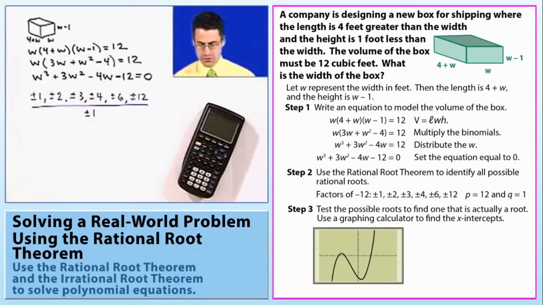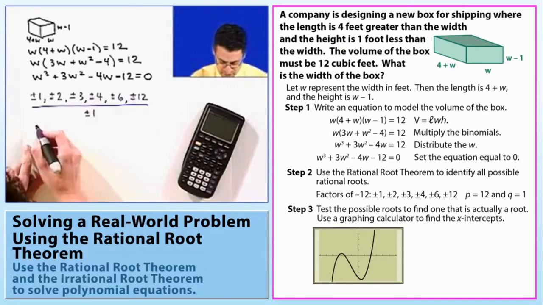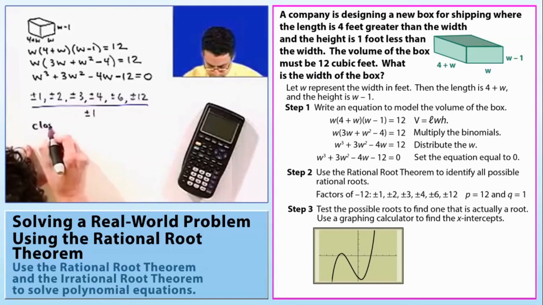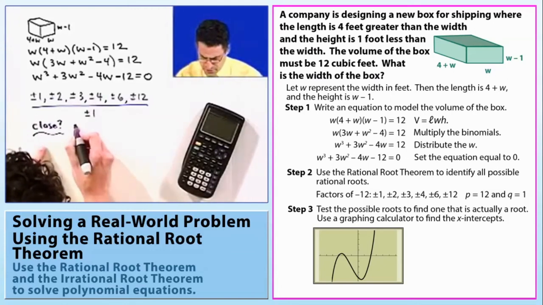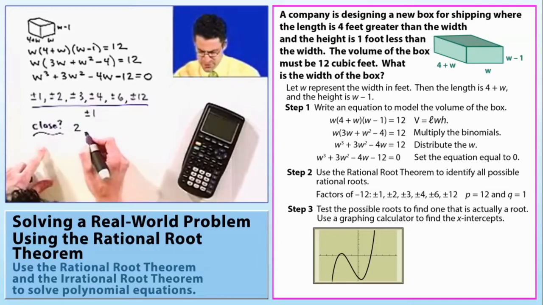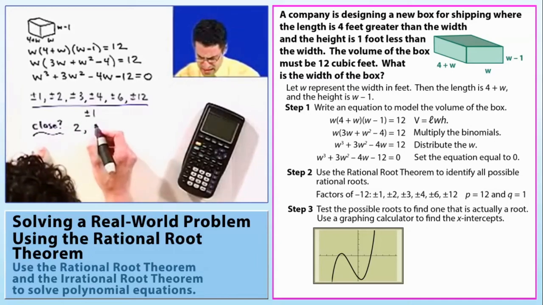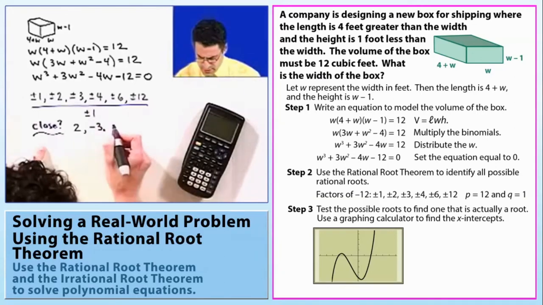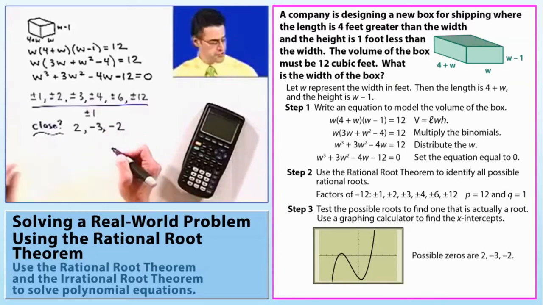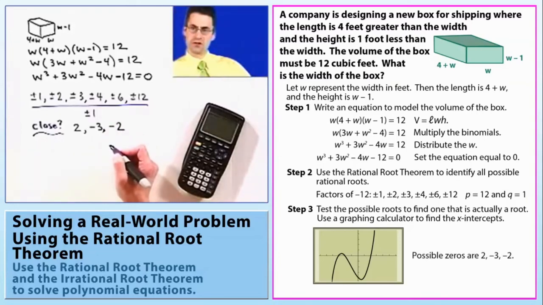So here are the ones that we see are close. We see it crosses at 2. And if you look closely, we see it also crosses at negative 3, and at negative 2. So if you look at the graph, you can see that we seem to be crossing around there.